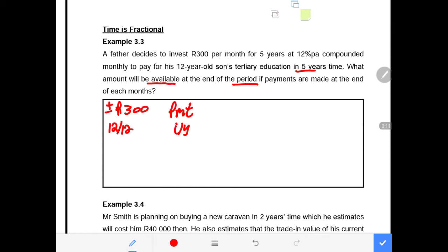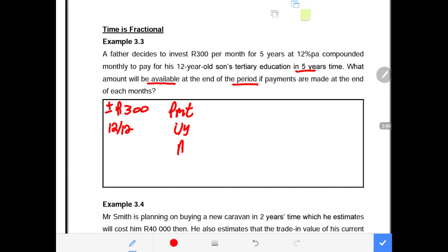Remember, in the topic of compound interest we dealt with the division. If the interest is 12% per annum compounded monthly, we need the number of months in a year. It will be 12, so we divide the interest by the number of compounds in a year.